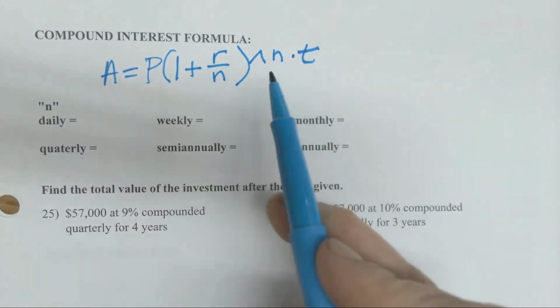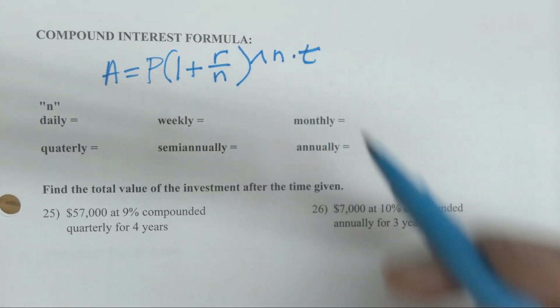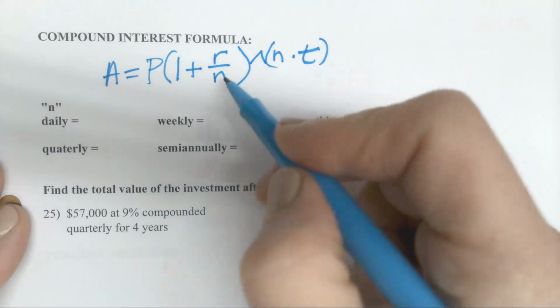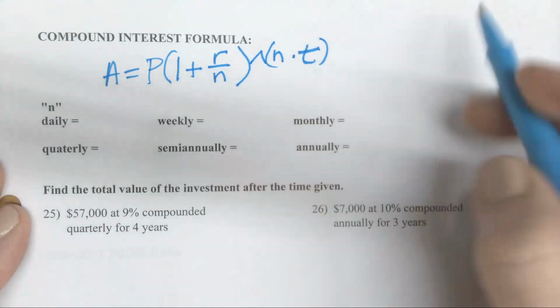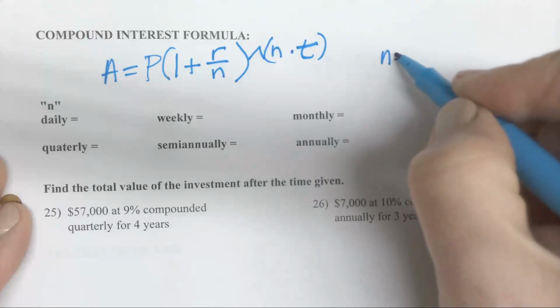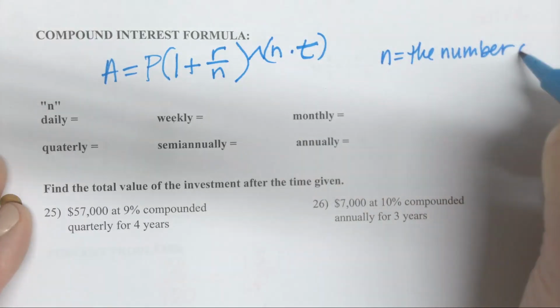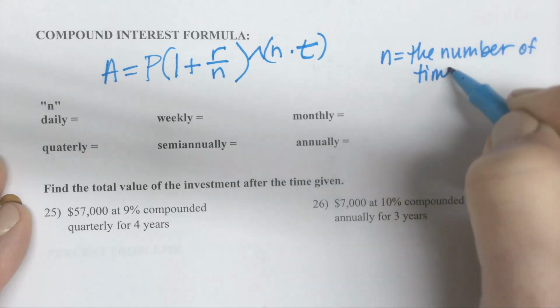I use the caret key on mine. Please make sure when you do N times T, if you use the caret key, you put those in parentheses. The only new thing is the N. N is the number of times the rate is applied.